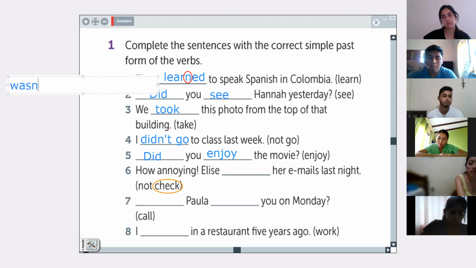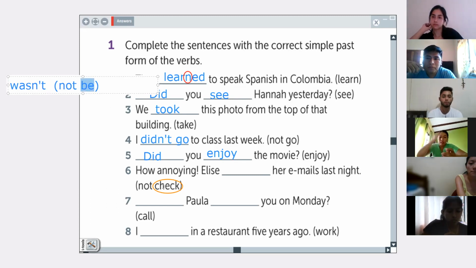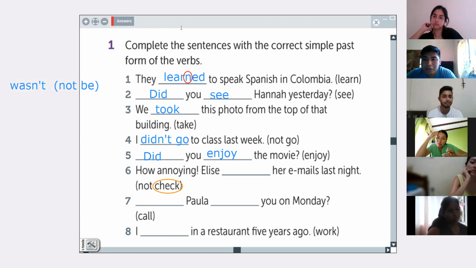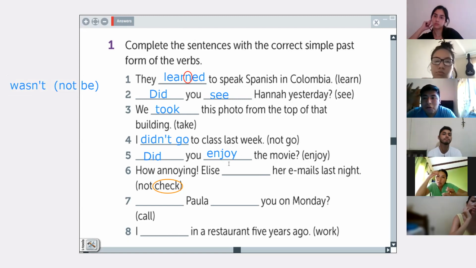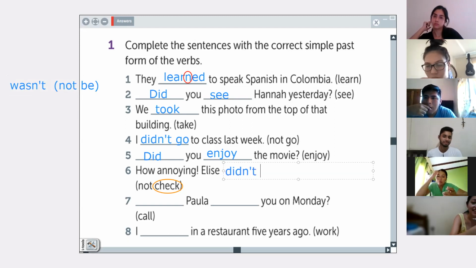Solo ocupamos wasn't cuando en nuestro paréntesis tenemos to be solito. Pero acá tenemos el verbo check. Entonces no podríamos decir wasn't check, ¿cierto? ¿Qué auxiliar ocuparíamos? Didn't check. Yes, didn't check. ¿Ok? Recuerden que cuando sus compañeros están participando, ustedes tienen que esperar su turno.